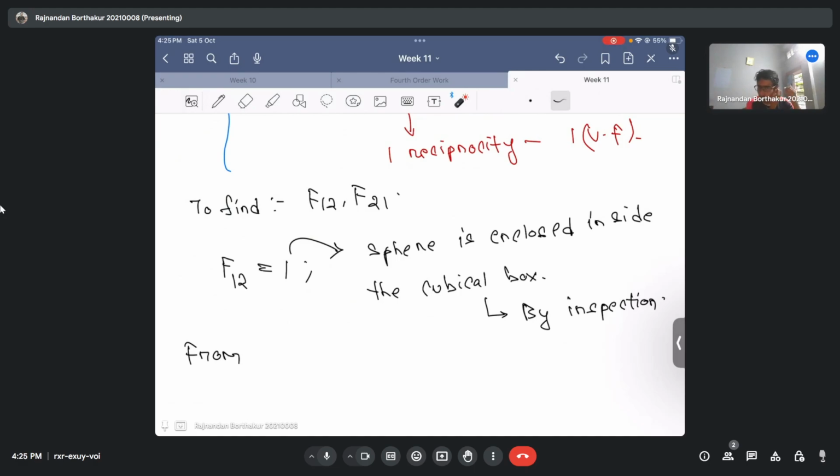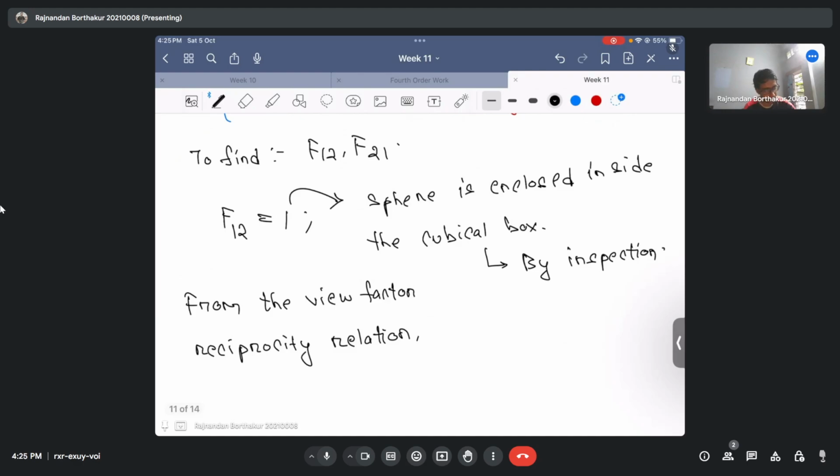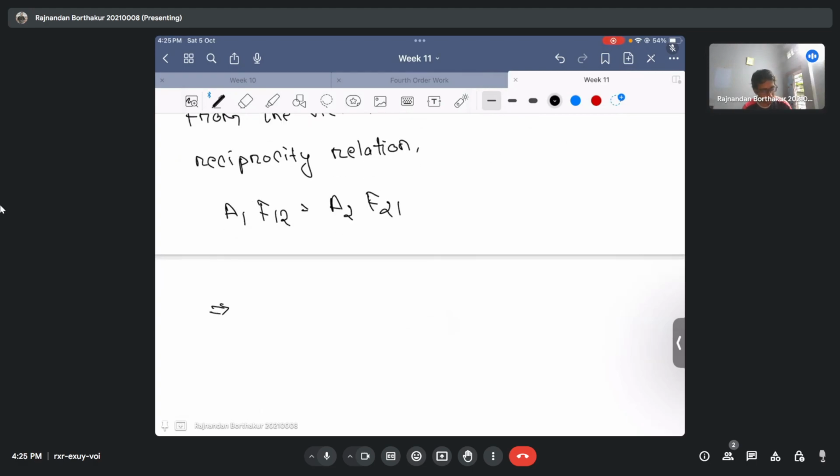Now from the view factor reciprocity relation, I can say that A1 f12 is equal to A2 f21, which means I require f21 now, so I can write that f21 is equal to A1 by A2 times f12.